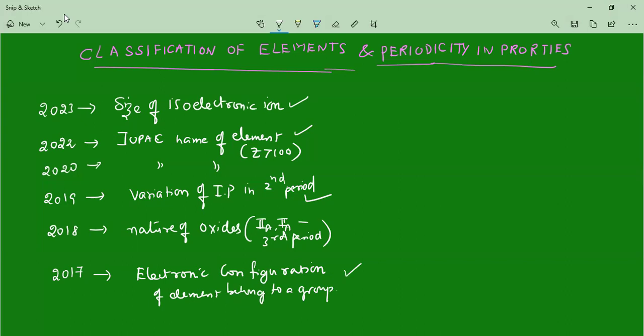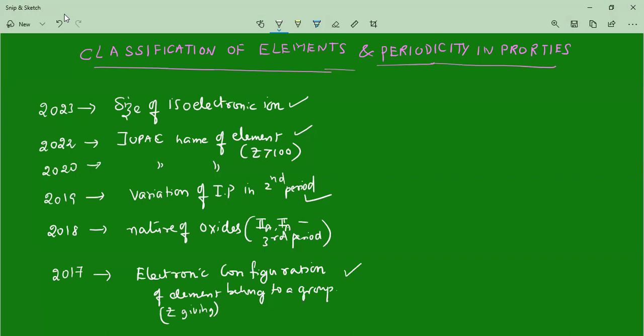So 2017, if you observe, is definitely a new corner of the discussion. What they give in the question is the Z value. You need to identify the electronic configuration of that element and which family or group in the periodic table it belongs to.